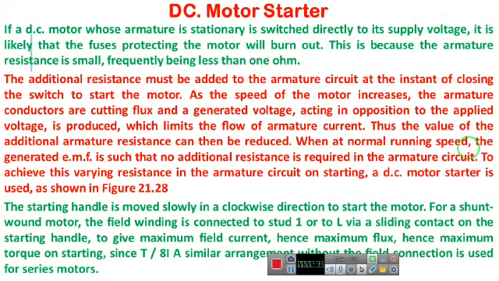When you connect the DC motor directly to the supply, the armature current I is equal to (V minus E) over RA.